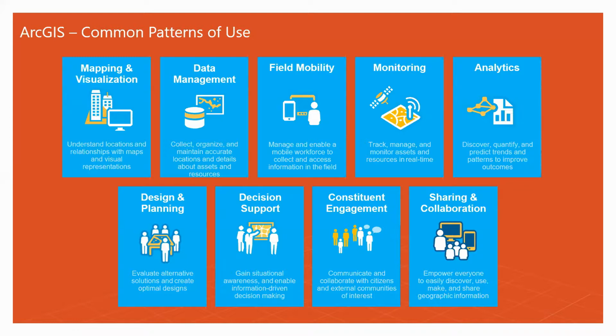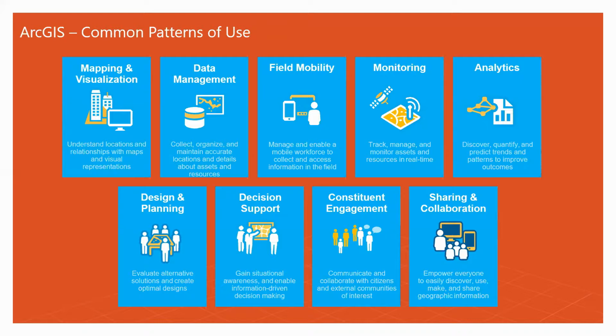And once you monitor, you can draw a lot of analytics out of it, where you can discover your data, which was earlier maintained as a system of record. Now you can quantify the data, do cross filtering, filter out the data and present it. You can predict the trends, find the patterns, find correlations, and find a spatial relationship among your data, based on which you can do your planning and propose alternative solutions depending on your business needs.